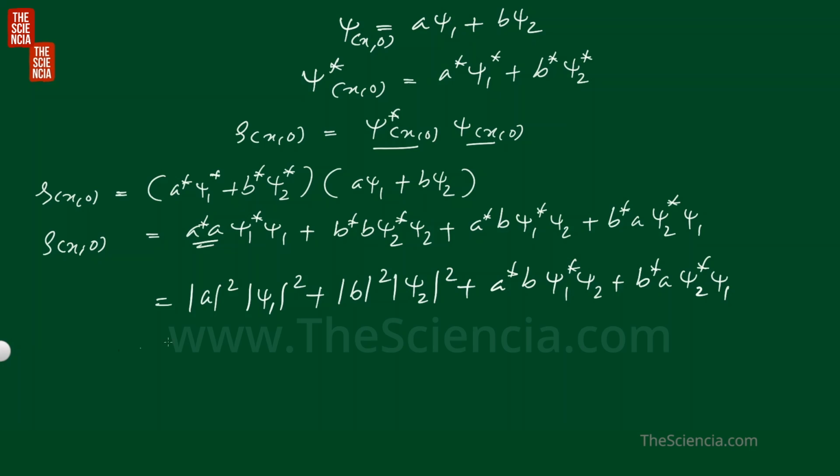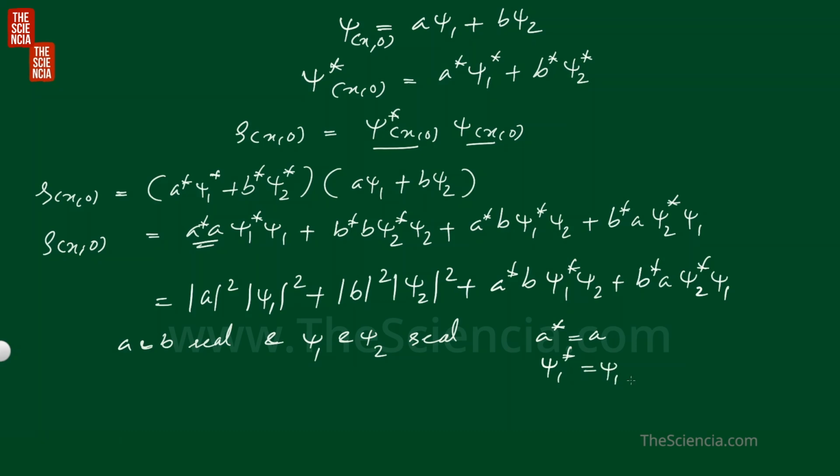And if this A and B are real constants, and psi 1 and psi 2 are also real, that means its conjugate will be itself. That is, if we take conjugate of A star, we get A. Similarly, for the wave function, if we take the conjugate of psi 1 star, we will get psi 1. That is, these are real values.